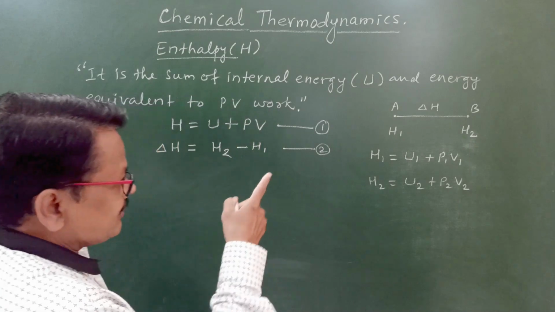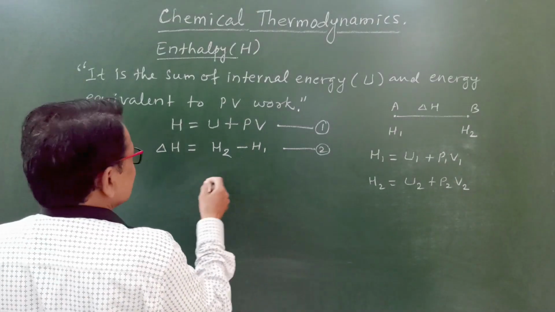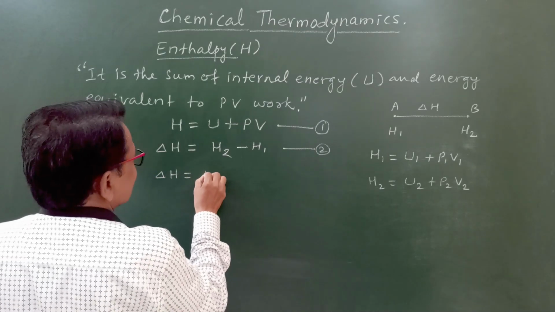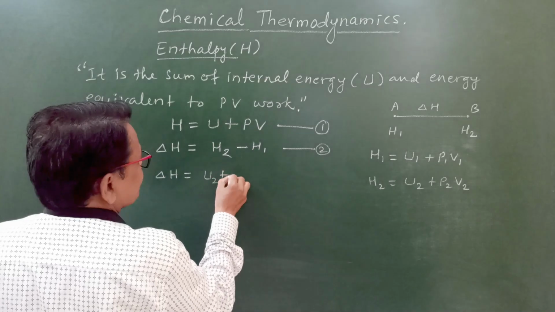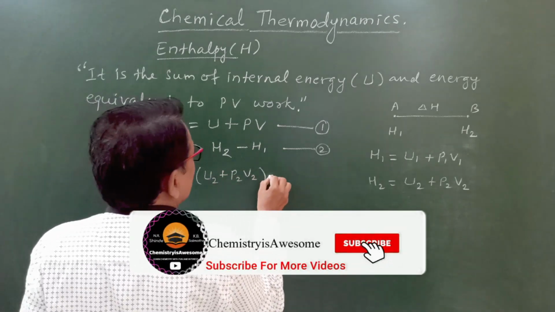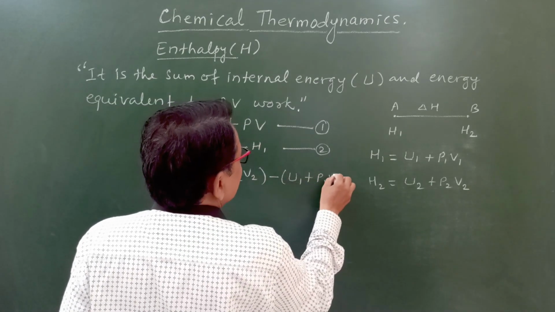By putting the values of H1 and H2 in equation 2, we will get delta H is equal to U2 plus P2 V2 minus U1 plus P1 V1.